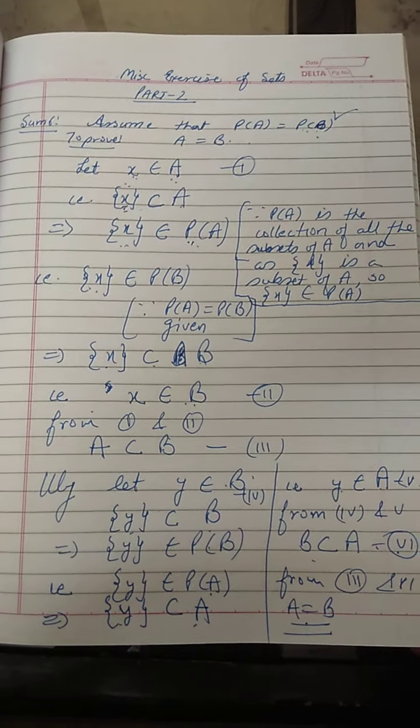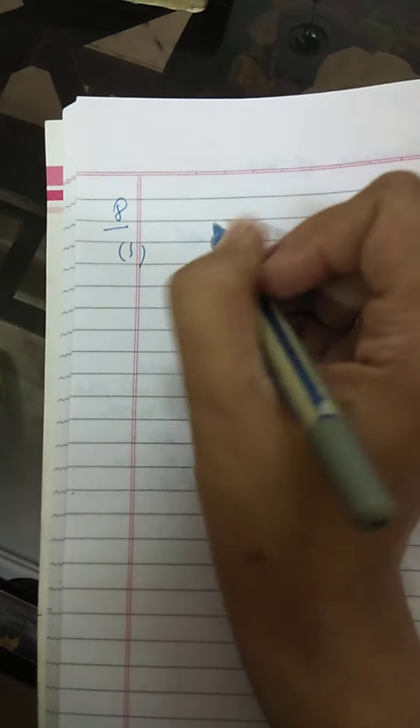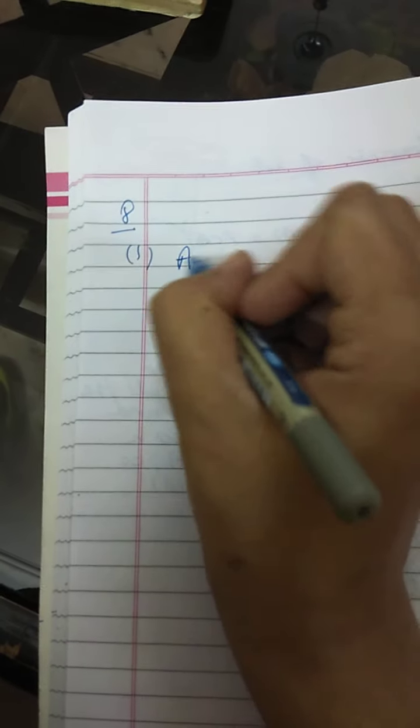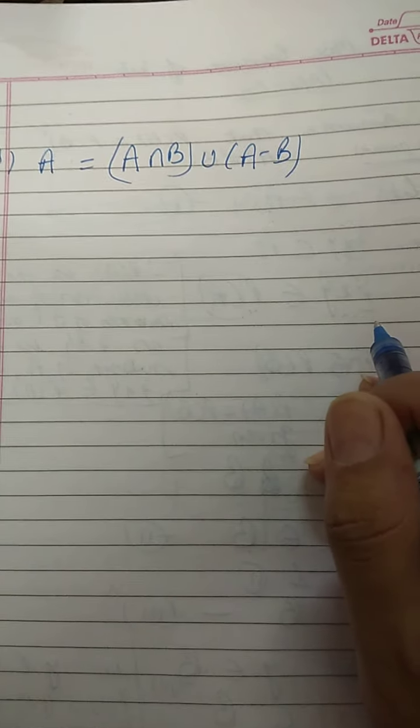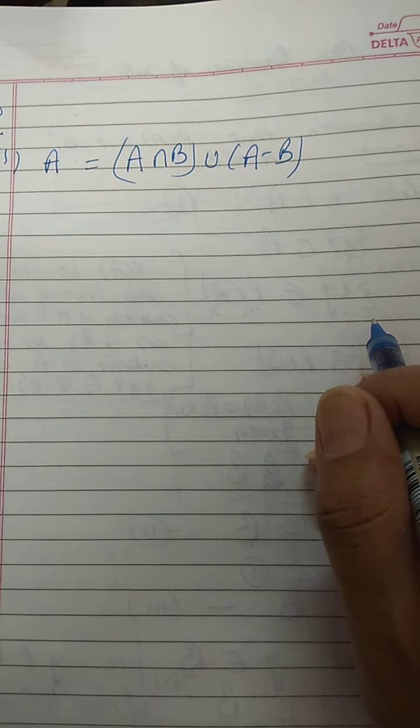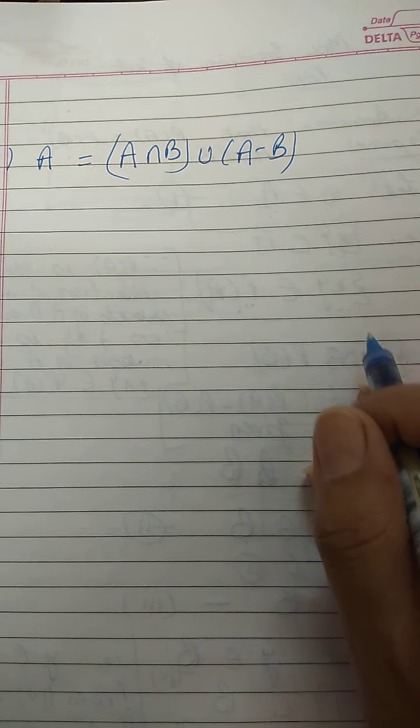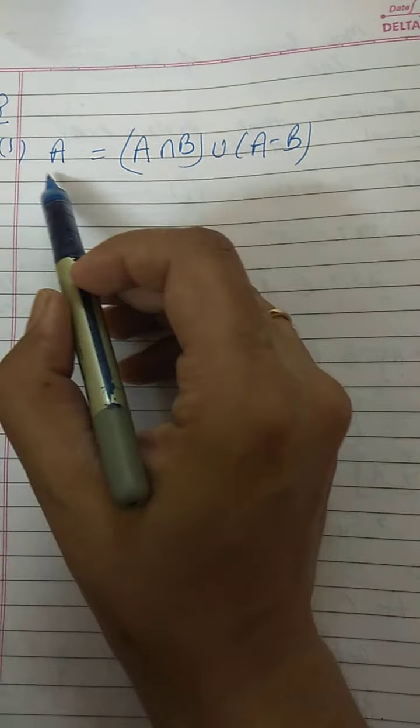The next we will do sum number 8. For any two sets A and B, we have to prove that A is equal to A intersection B union A minus B. Now the left hand side is only one set, but on the right hand side we have union, intersection and difference.